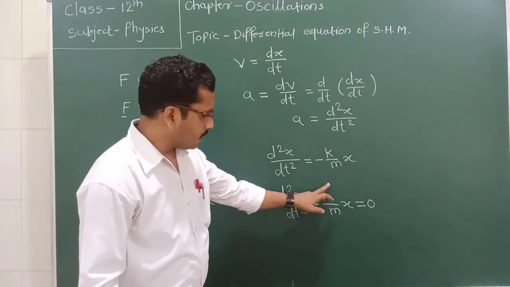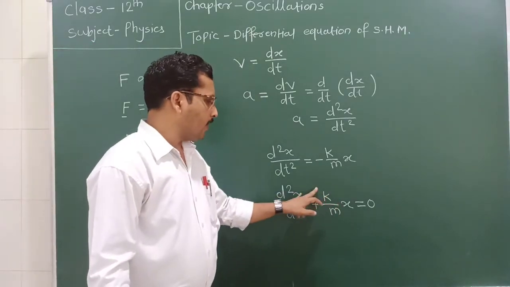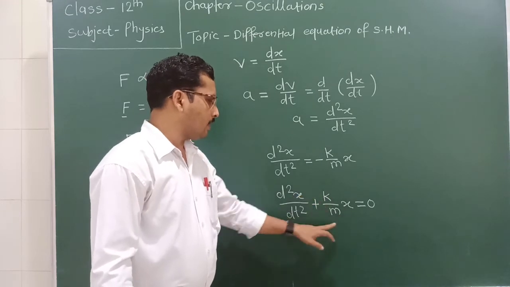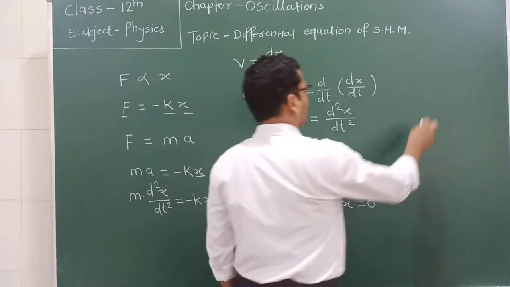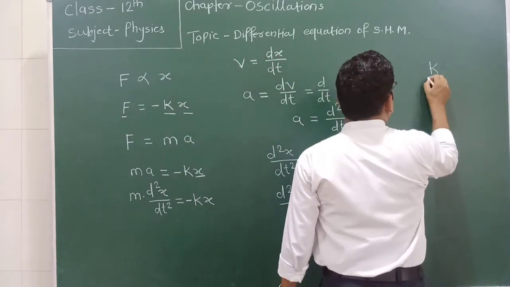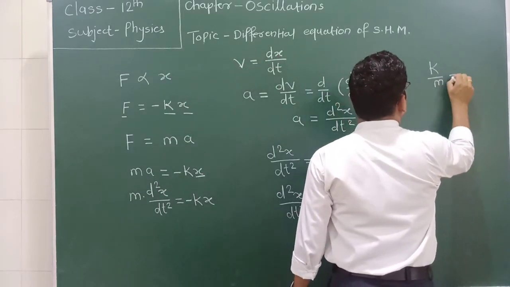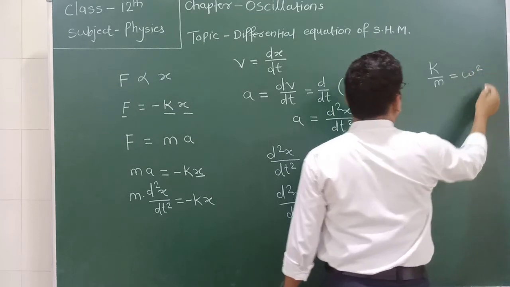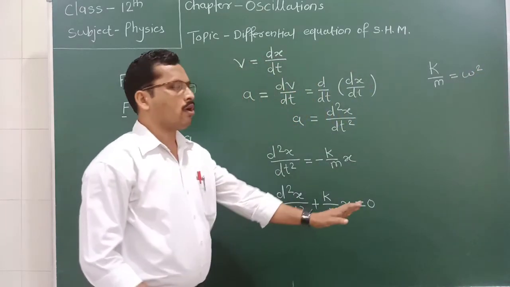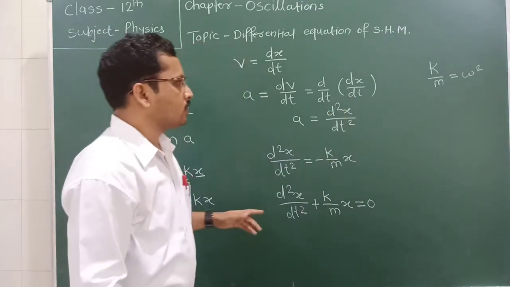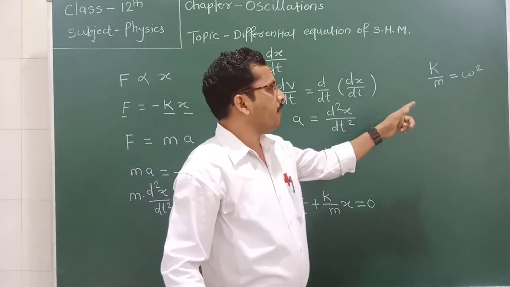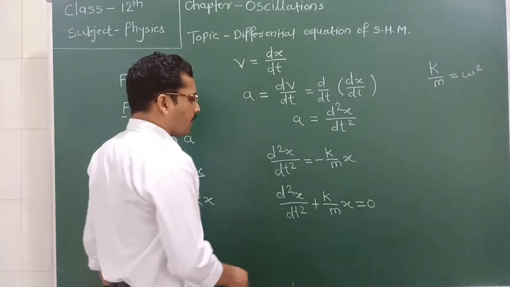Now what is this k by m? We can replace this k by m with a new term. So put k by m equal to omega square, where omega is the angular velocity, or we can also call it the angular frequency. This k by m is equal to omega square.